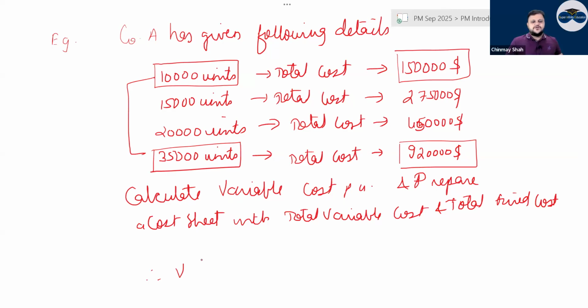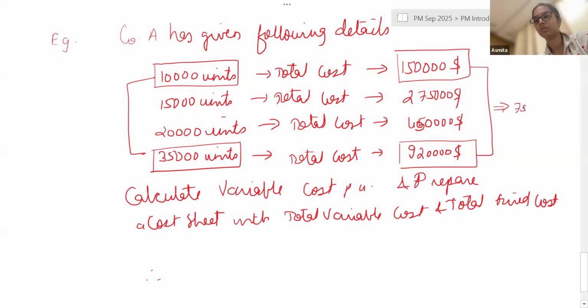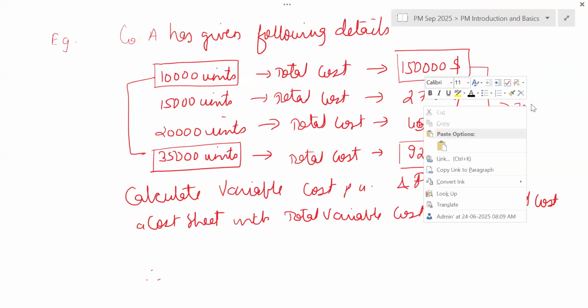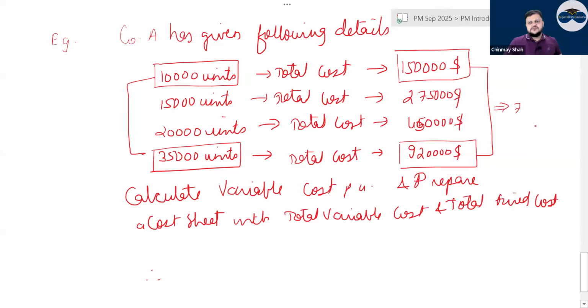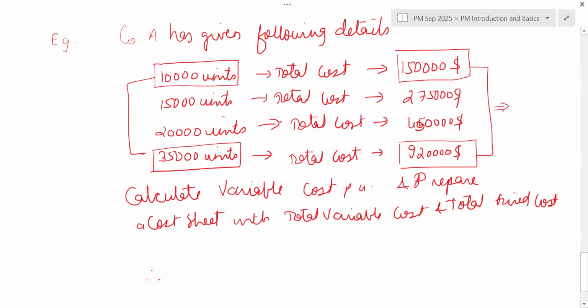Now see, by dividing this, what do you get? First find out the difference between both of them. The difference in units is 25,000 units.